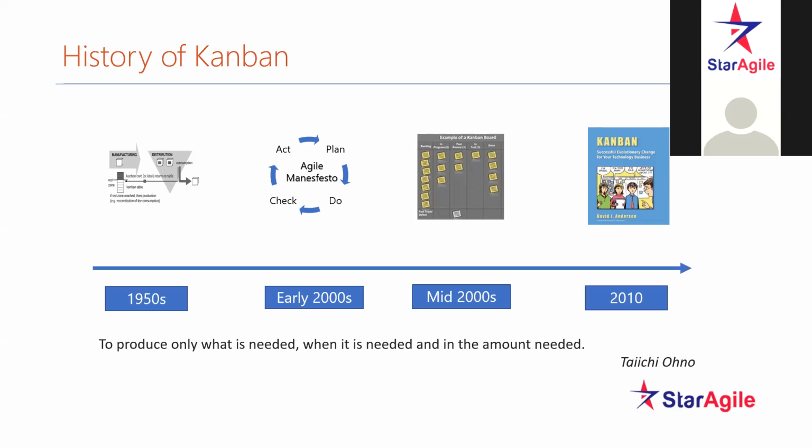This was in the period of the 1950s, and in 1956, Taiichi Ohno traveled to the US, and he saw a retail store called Piggly Wiggly, which was able to maintain only the desired or required inventory on the shelf.